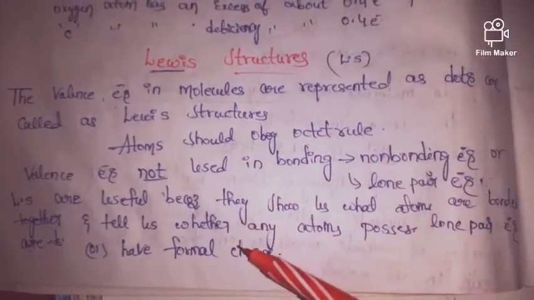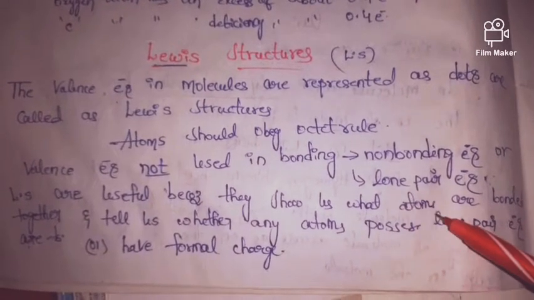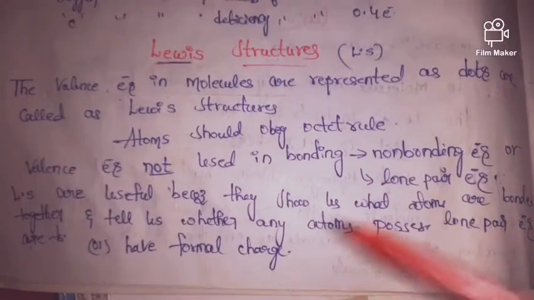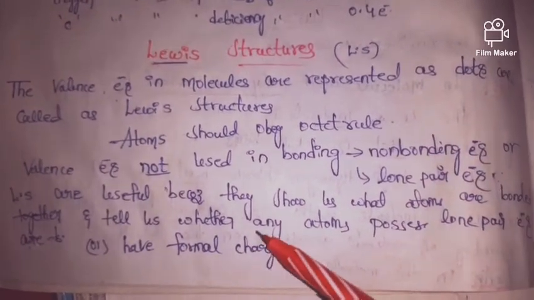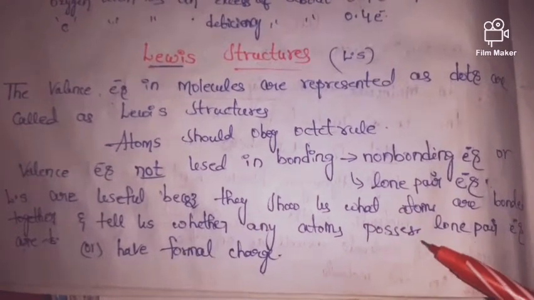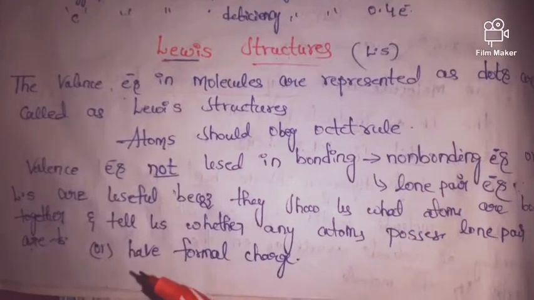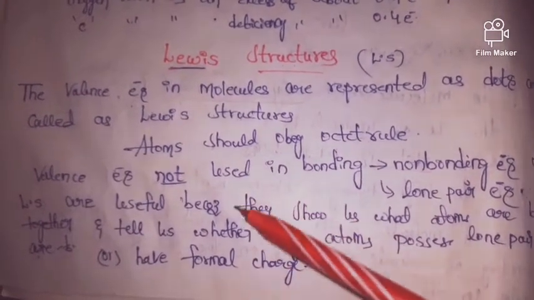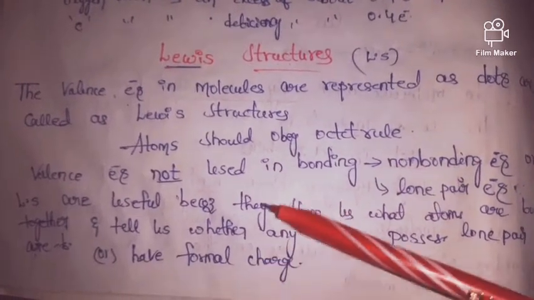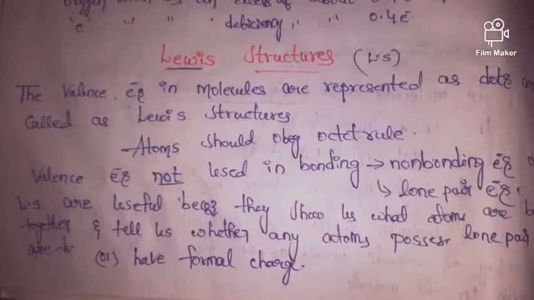The first is which atoms are bonded together. Second, we can find whether lone pairs of electrons are present or not. And the third is that we can find the formal charge.